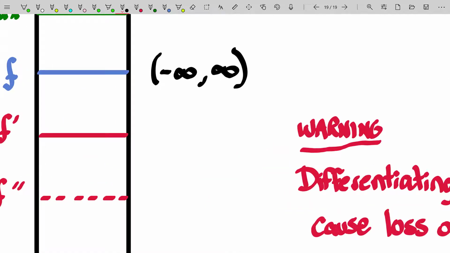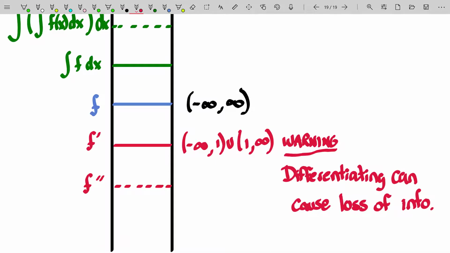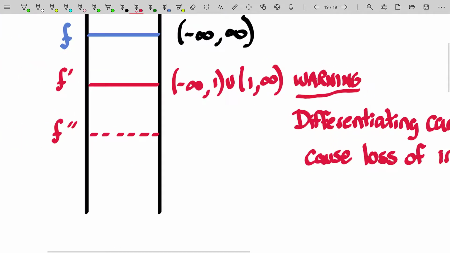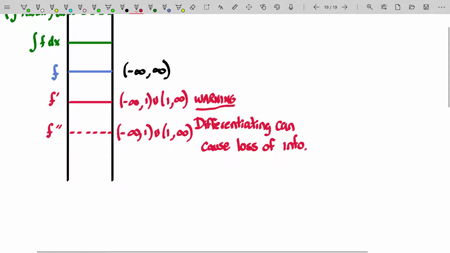Your domain might be, I'm not saying it's exactly this, negative infinity to 1 union 1 to infinity. In other words, you took a derivative and you lost the element x equals 1 from your domain. If you take another derivative, you might lose even more from your domain, or you might keep the current domain you have. It's not that you will, it's that you can lose information when you take derivatives.